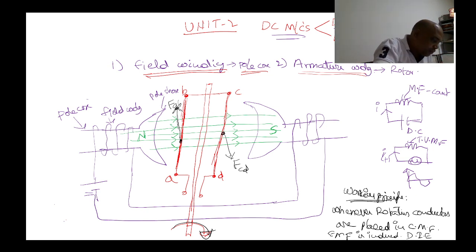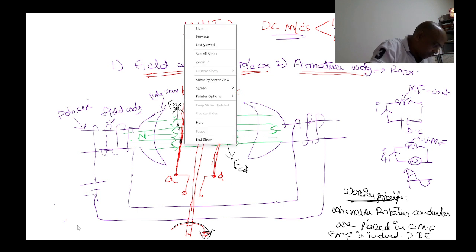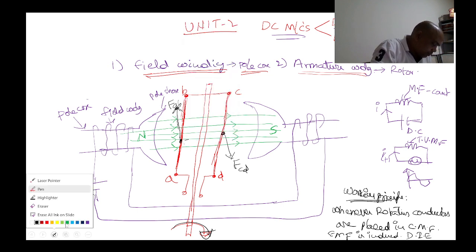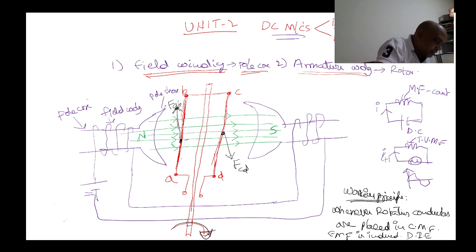So if you apply Fleming's right hand rule, this is the direction of force, this is the direction of magnetic field, and what is the direction of current? This one is a cross: current is leaving. But coming here, current is entering, and entering is represented with a dot. So this one is plus minus, and this one is minus plus.